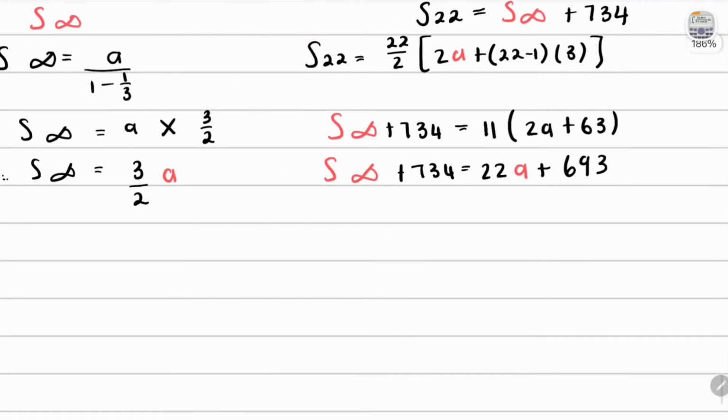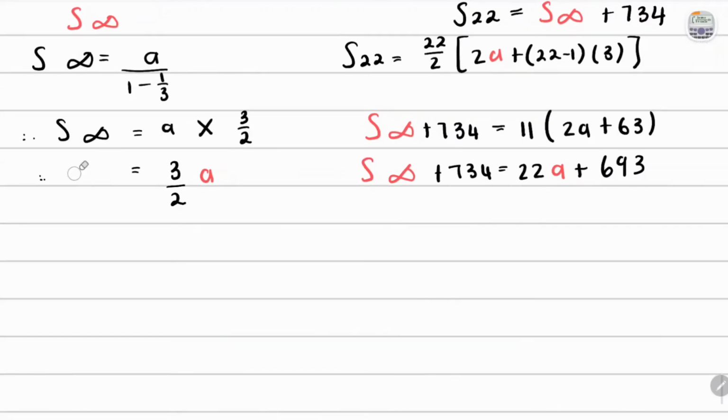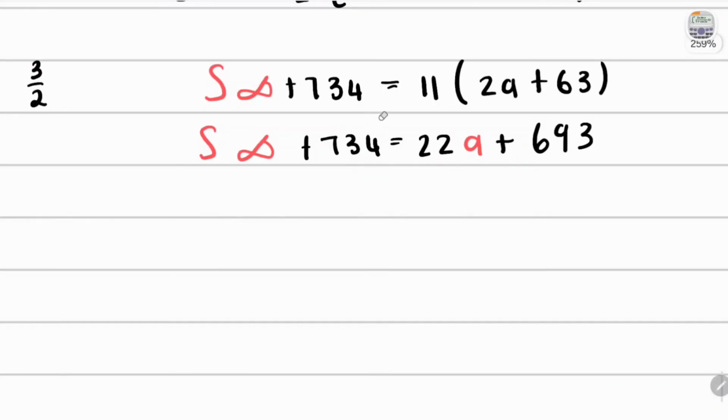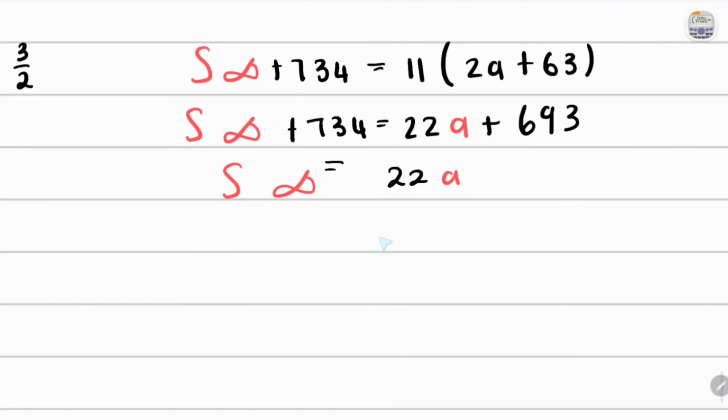And you see how the sum to infinity is the subject here. We might as well make the sum to infinity the subject. So take 734 over, meaning the sum to infinity is equal to 22a, plus 693 minus 734. Just say 734 minus 693, and you know this will be negative.